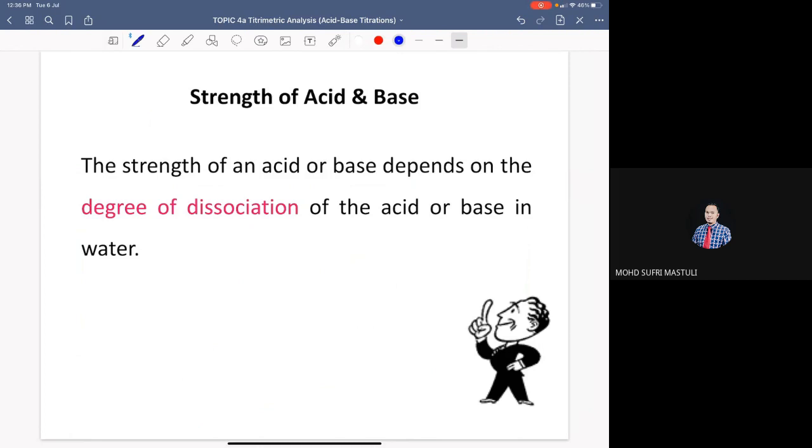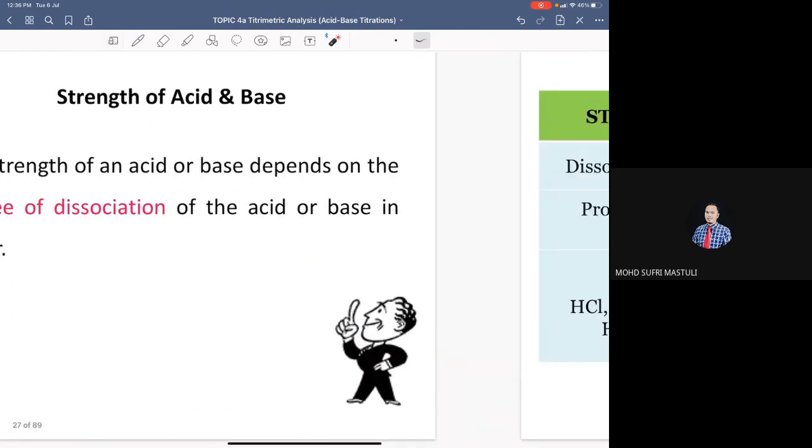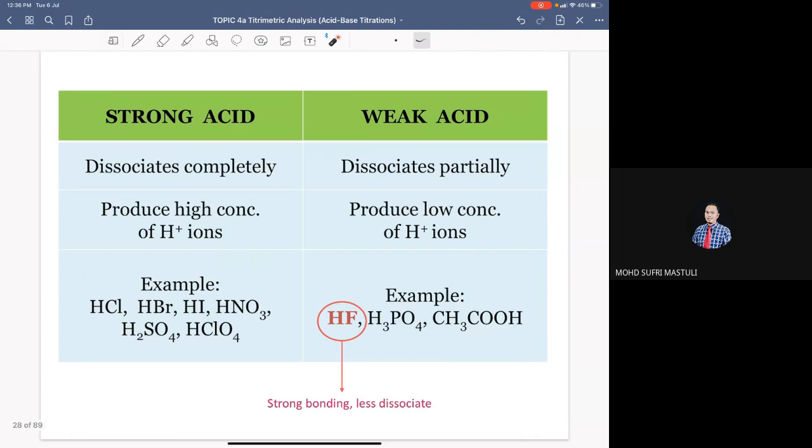Now we discuss a little bit on the strength of acid and base. The strength of acid or base depends on the degree of dissociation of the acid or the base in water. Remember, strength depends on the degree of dissociation.